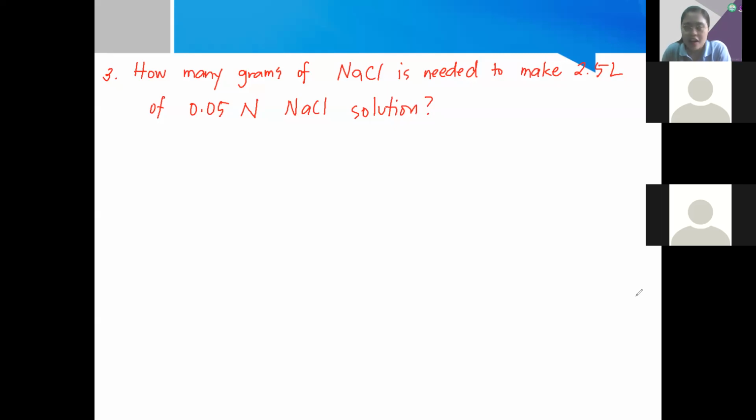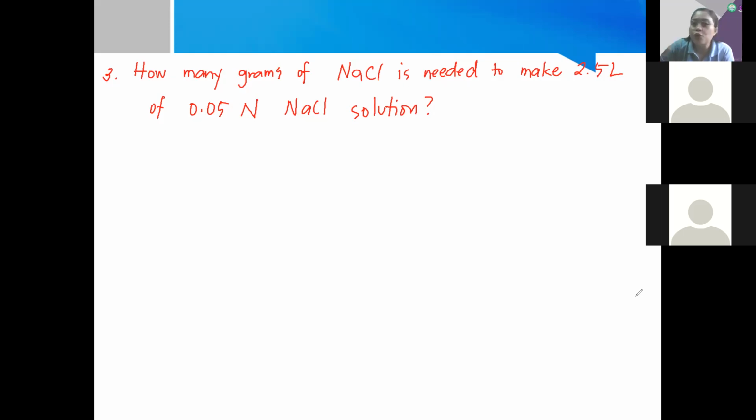So gumawa na ng solution. Alam na yung grams, tas dinisolve na lang sa solvent to make the volume of the solution. This time nangyayari talaga ito sa laboratory, like if you're going to work in a QC area, the QC analyst or the QC supervisor may ask you to prepare a solution, tas ang ibibigay niya lang is ang volume and ang concentration.